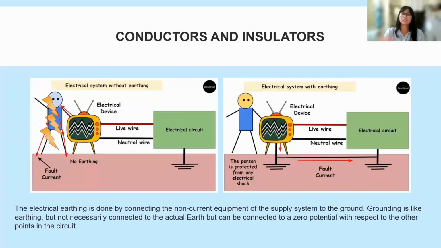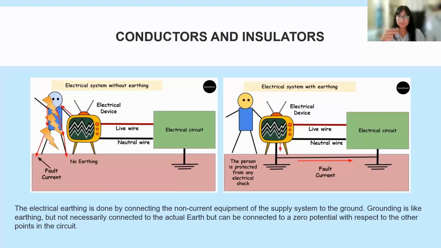So what is this grounding or earthing? You can see in the diagram over here, there are two situations: one where earthing is present, and the other where earthing is not present. Electric earthing is done by connecting the non-current-carrying equipment of the supply system to the ground.